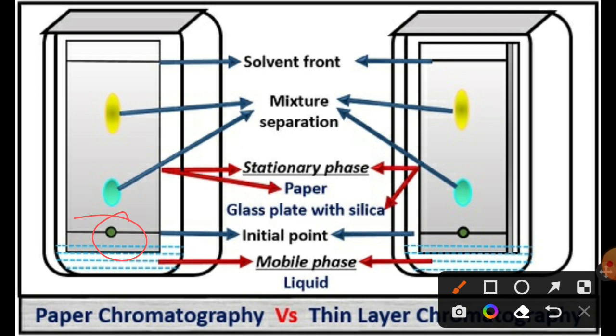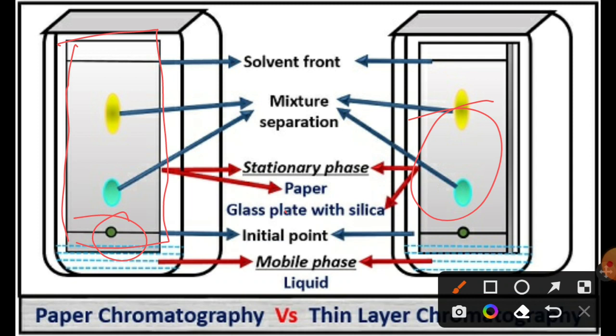What are the disadvantages of paper chromatography? You cannot use it for quantitative analysis of a larger sample, right? That is also a disadvantage of thin layer chromatography, because you can see here the paper length is limited, right? Separation will be done up to a certain length.